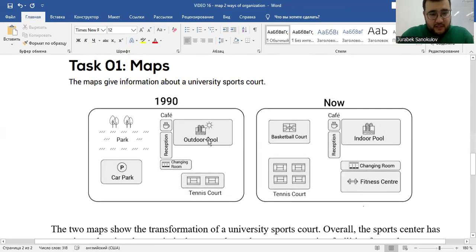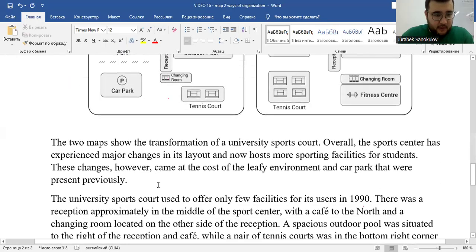Now I have described this part, and then I only have to describe the park and the car park.